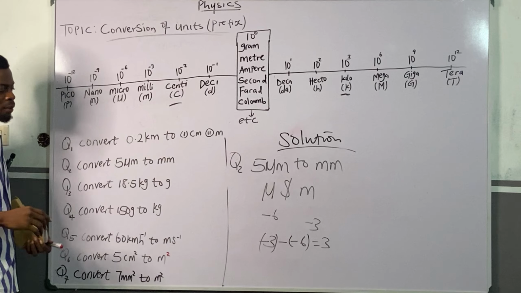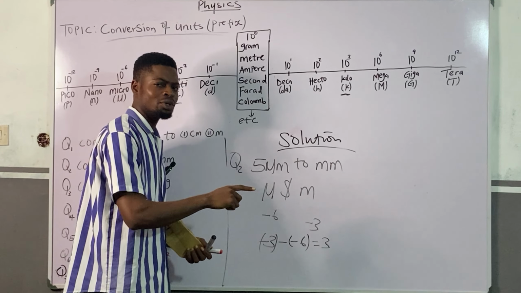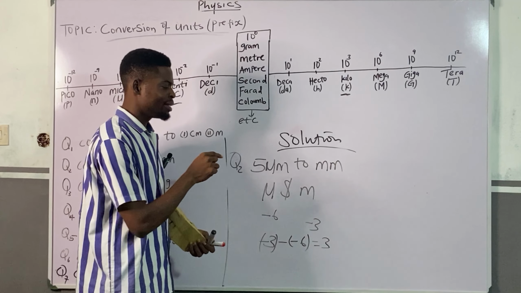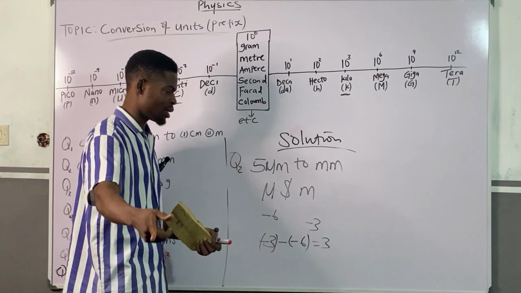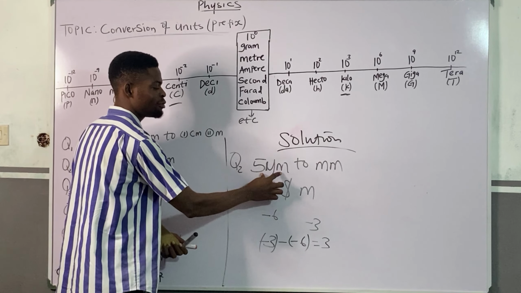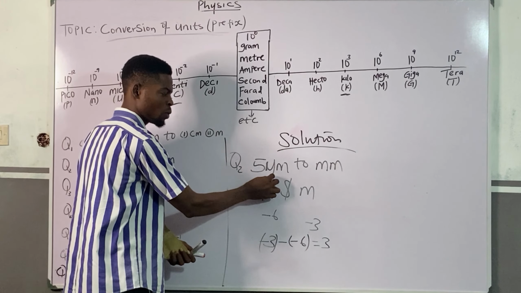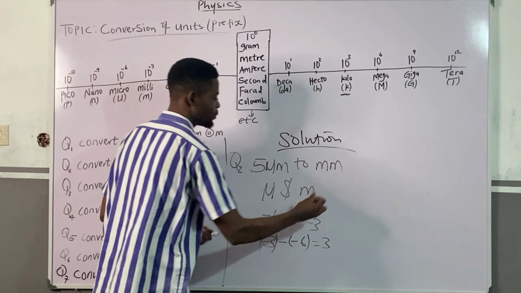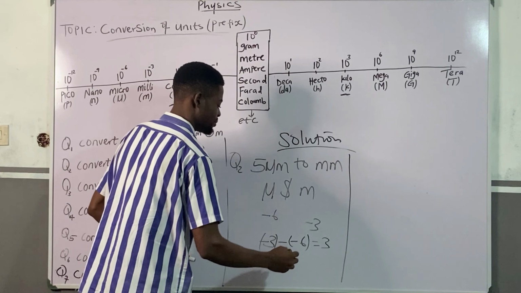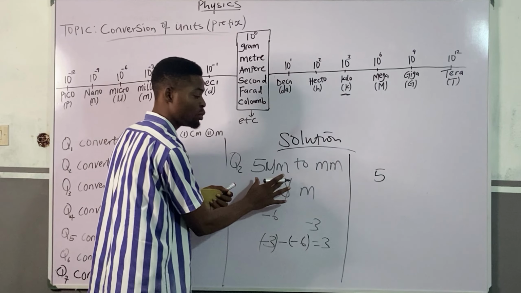Now we're going to move 3 times. Are we moving toward the left or toward the right? In this case we're going to move toward the left, because we are converting from a smaller unit, because micro is smaller than milli. Are you with me? Okay.